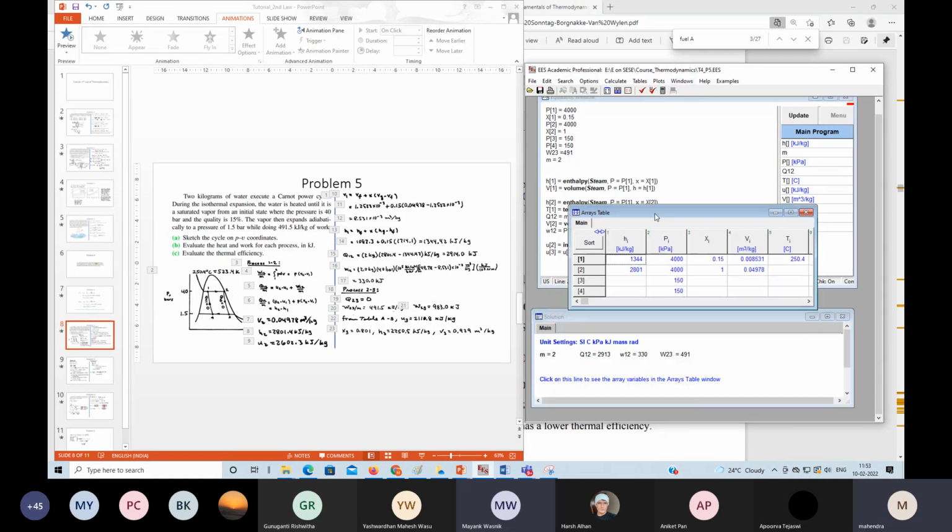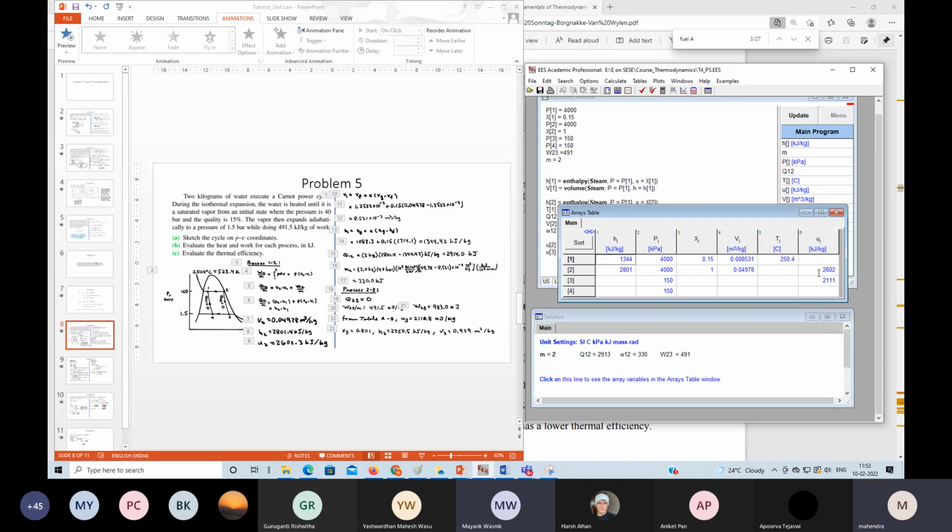Yeah. So where is your internal energy table? This is your internal energy table. U2, how much here? U2 2602. And U3 2111. U3, where do we have here? Yeah, U3 2111. Matching, it is matching very well.